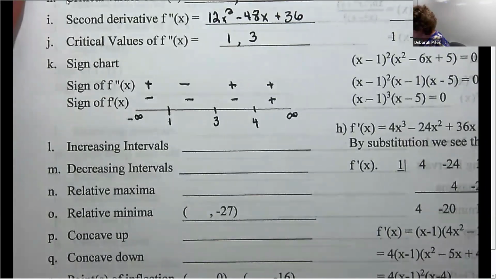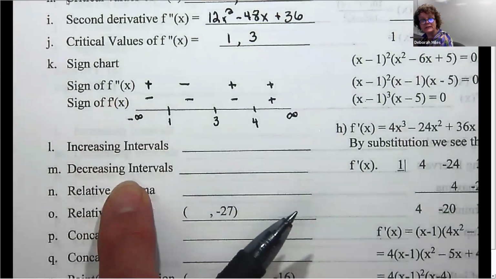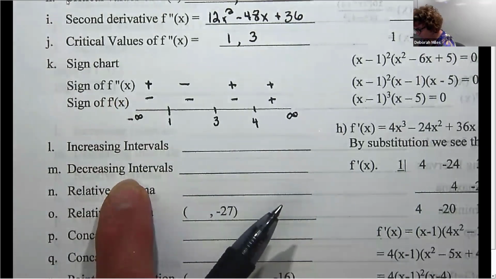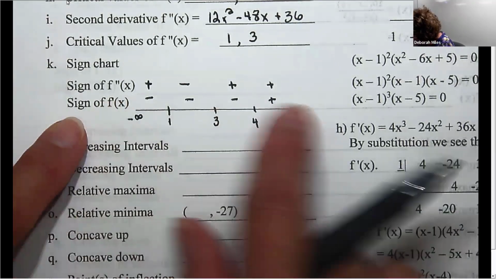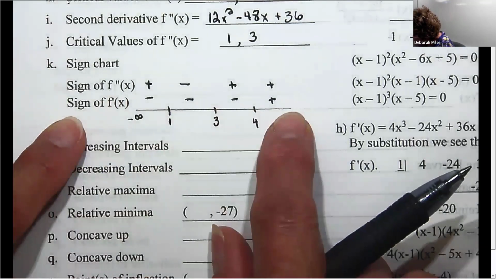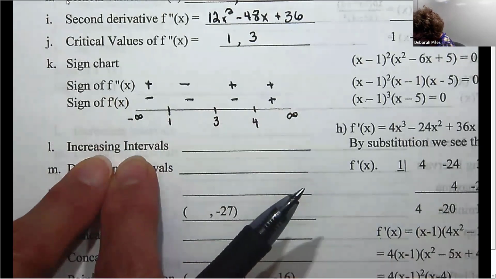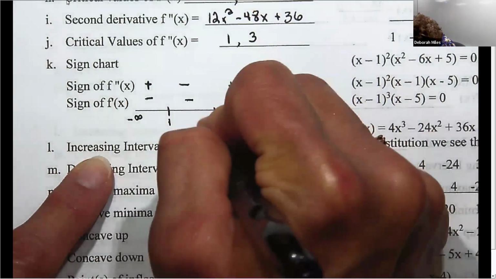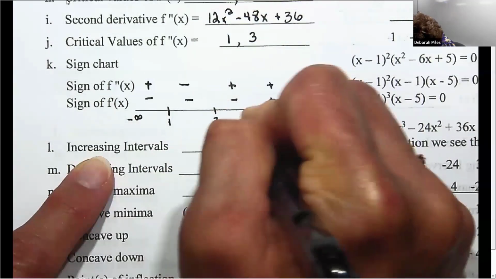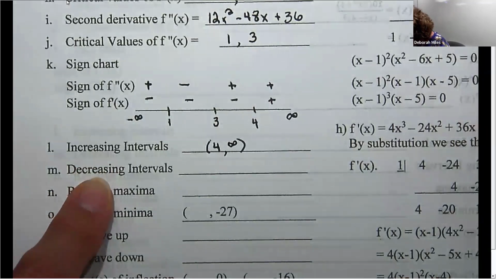What part of that sign chart do I look at to determine the increasing and decreasing intervals of this function? First derivative. So look at this bottom line, sign of the first derivative, and tell me where the function's increasing. Wherever the first derivative is positive, and that would be 4 to infinity. What are the decreasing intervals?